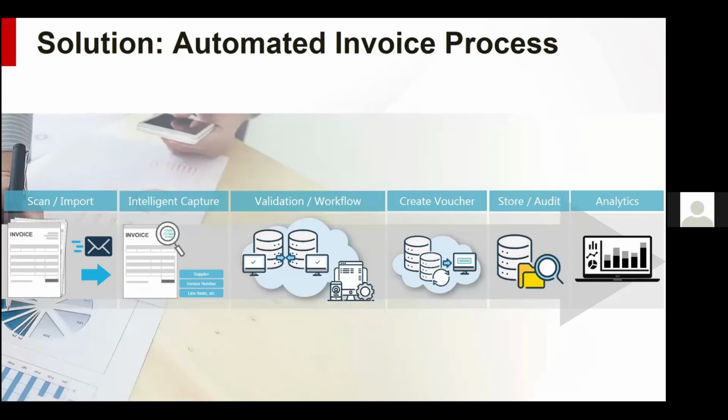What they ended up doing is selecting the Canon AP automation solution to automate their invoice process. This is just a graphic that shows a high-level view of what the Canon solution can do. Starting on the left-hand side, what happens first is an invoice comes in to the system.